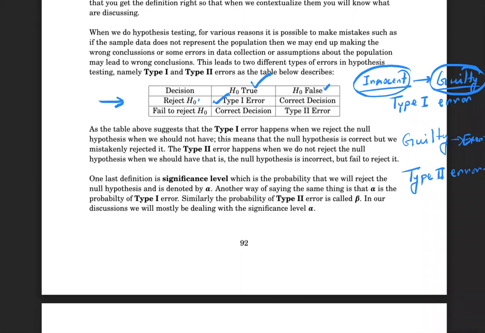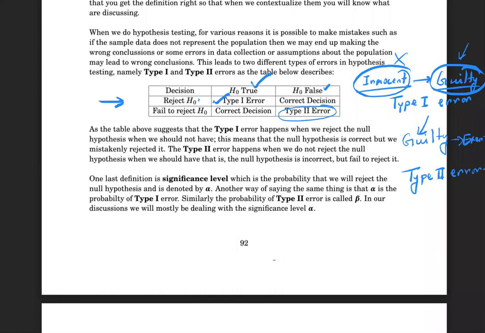What does that mean? That the person is guilty. But if the person is guilty, what should you do? You should reject the null hypothesis that he is innocent, but you don't. You do not reject the null hypothesis that the person is innocent. You have created another type of error. In this scenario, it's called type 2 error.